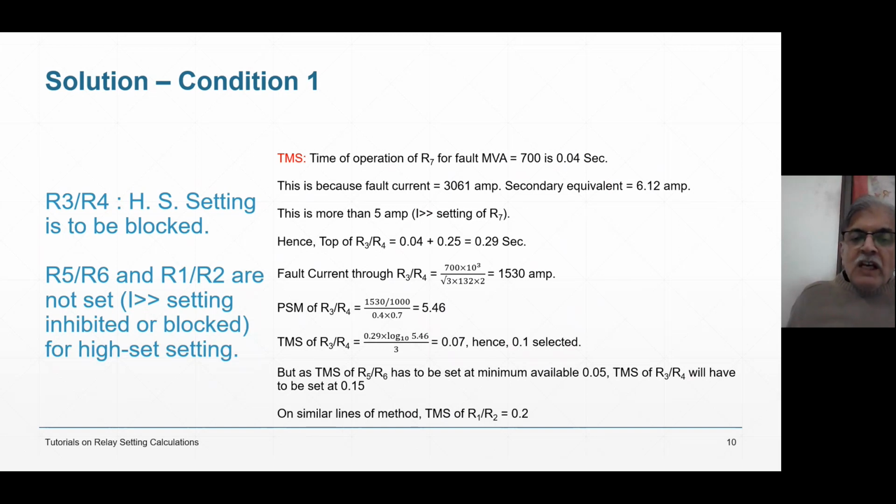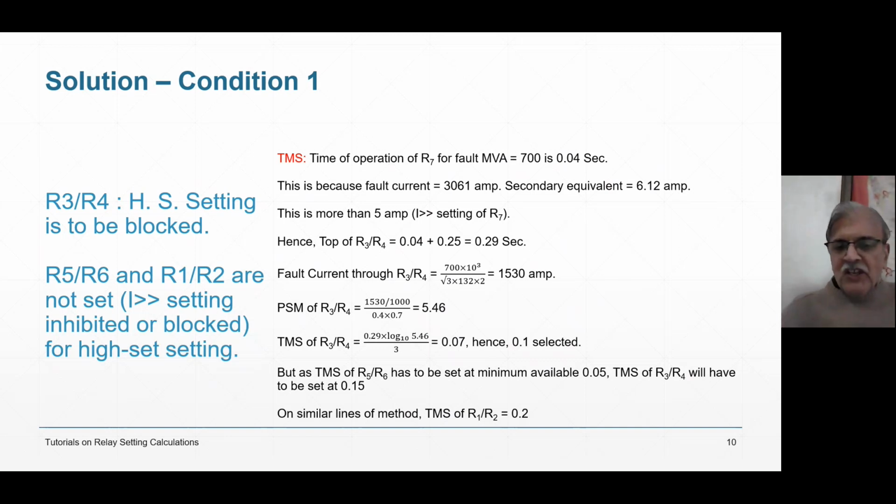R3, R4 is 0.1. But as TMS of R5, R6 has to be set at minimum 0.05, and if you calculate, it comes out to be less than 0.05, which is not available. Therefore, I am bound to select the setting of R5, R6 as 0.05 and for R3, R4, I have to go for 0.15 based on that 0.25 second discrimination margin.